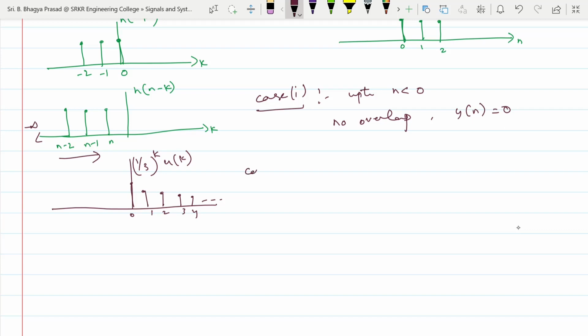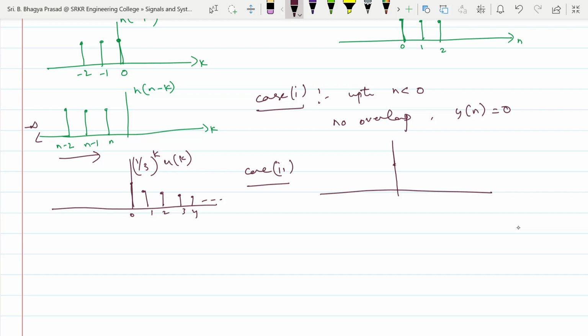In the case 2, you should observe properly, there is an overlap between limited impulses only, limited samples.